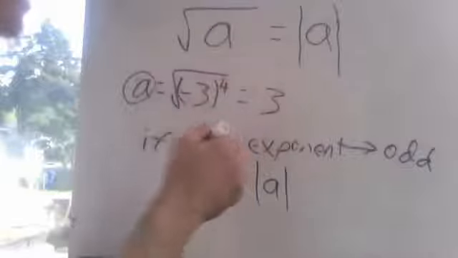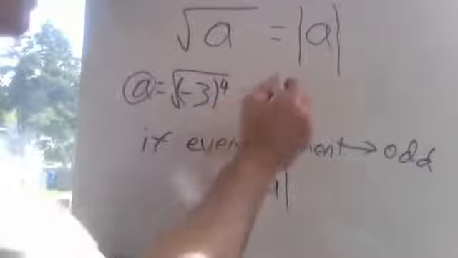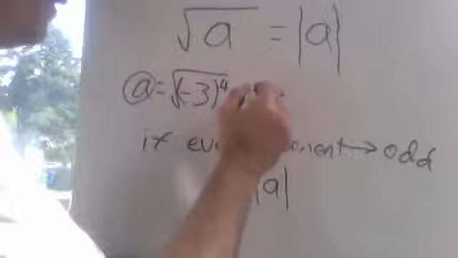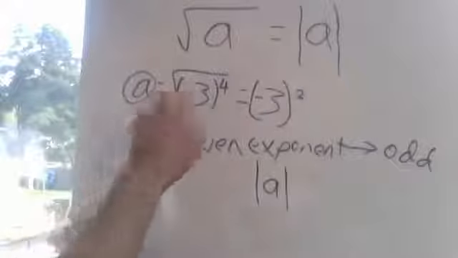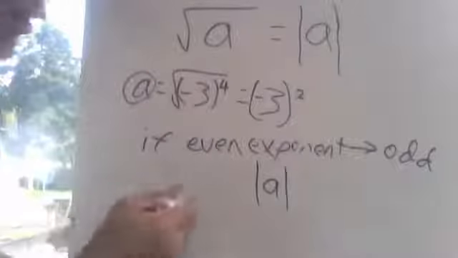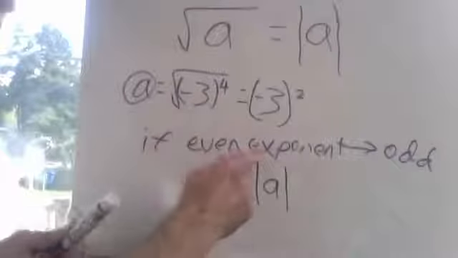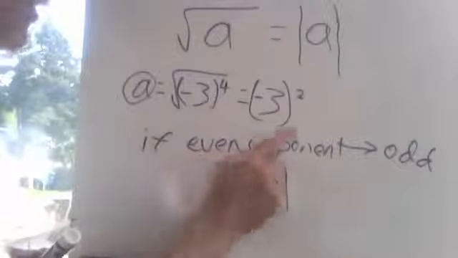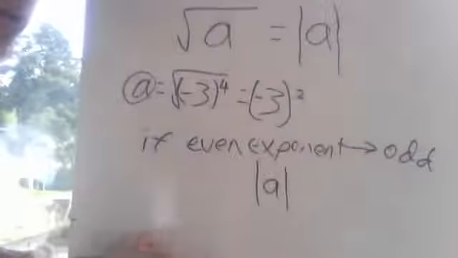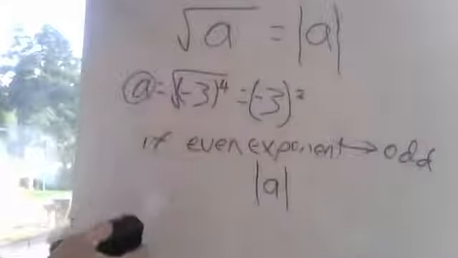Think about it like this. What if it was a to the fourth? Would that actually equal -3 squared? Yes, it would. So if it's an even exponent going to an odd, you have to use absolute value symbols around it. If it's an even going to an even, you're fine. And you would never actually do a square root of an odd, so don't worry about that.